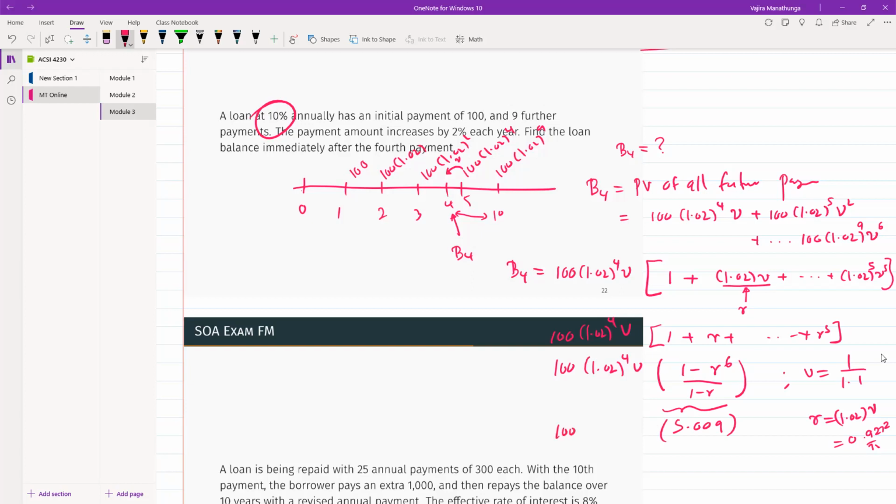And then 100, 1.004, and V is number. I get 492. That's the answer.